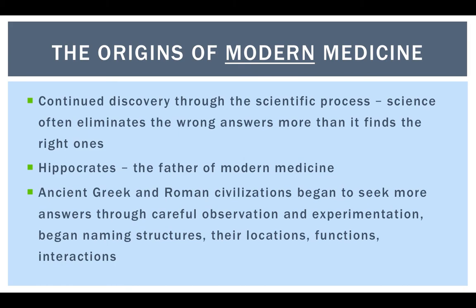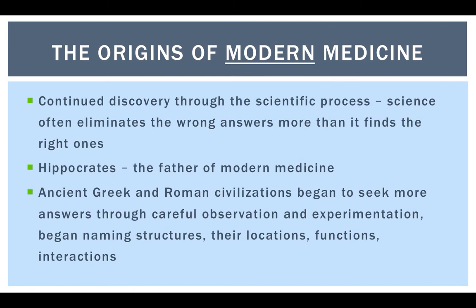Hippocrates is known as the father of modern medicine. This was about 2,400 years ago, so about 400 BC or BCE. Hippocrates lived in ancient Greece, and the ancient Greek and Roman civilizations really began to seek more answers through careful observation, through experimentation, through systematically using the scientific process in order to find some of the answers to things that they were noticing, things they were observing.